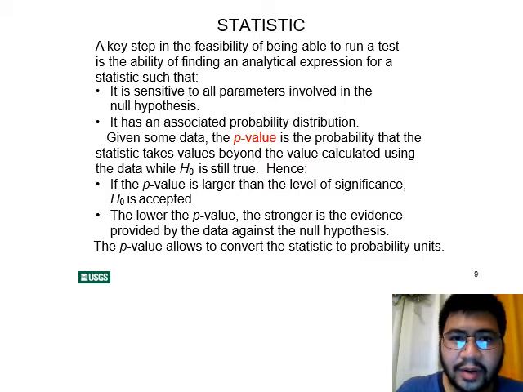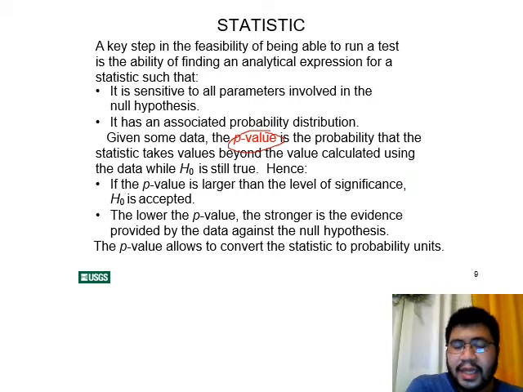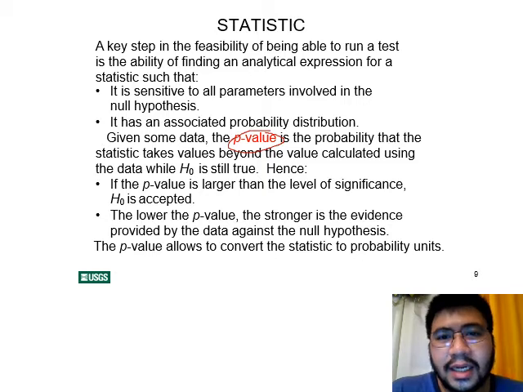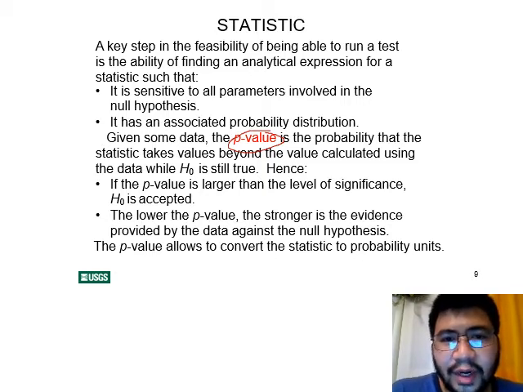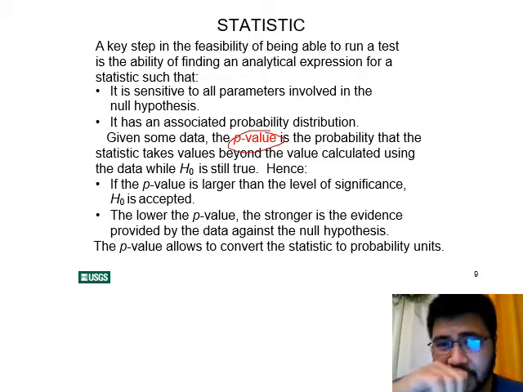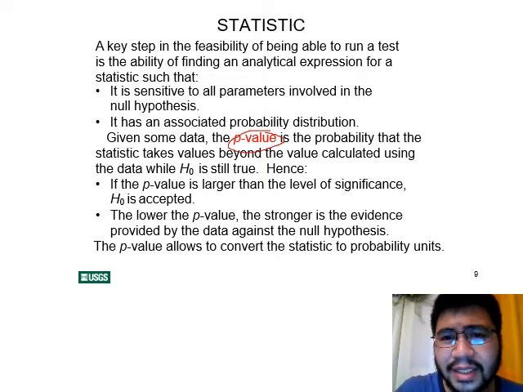Right, now let's talk about the statistic. We have what we call the p-value. Basically, it's a measure of the probability that an observed phenomenon stated in the alternative hypothesis could have occurred just by random chance.